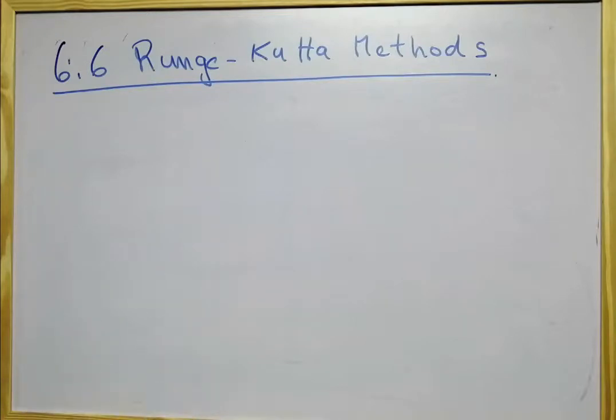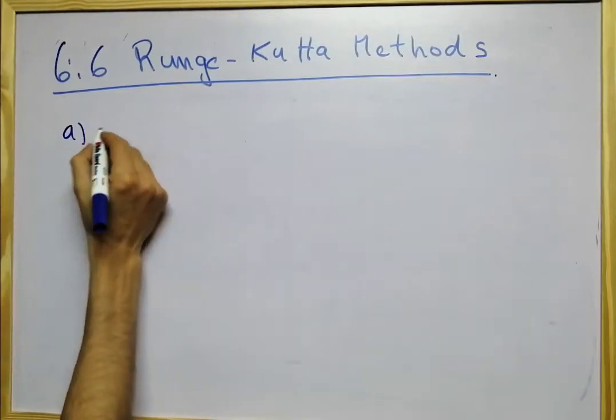Basically they use higher order approximation for the integral, but they use additional approximation in order to become an explicit method. So first we're going to talk about the second order Runge Kutta method.